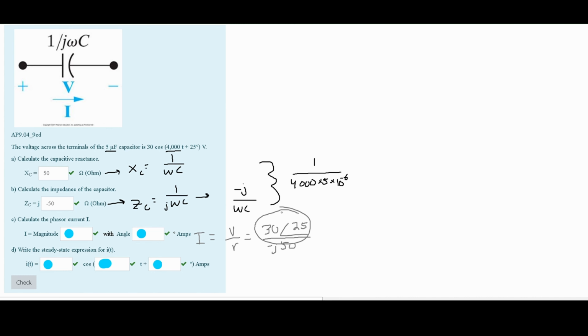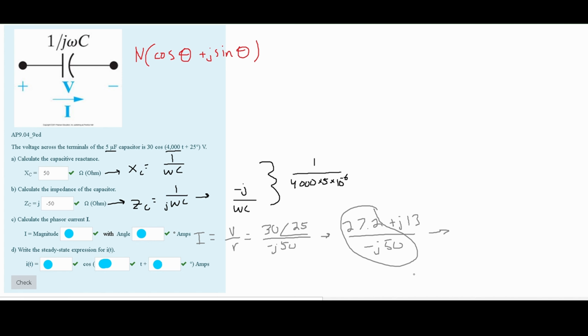Now, we want to divide out the negative j50, so we have to convert the top part into rectangular form. To go from polar to rectangular form, we take our number multiplied by parentheses, and inside we have the cosine of our angle plus j times the sine of our angle. This is going to leave us with approximately 27.2 plus j13, and this is all divided by negative j50. If we divide these out, we first get negative 0.54 for the first part.